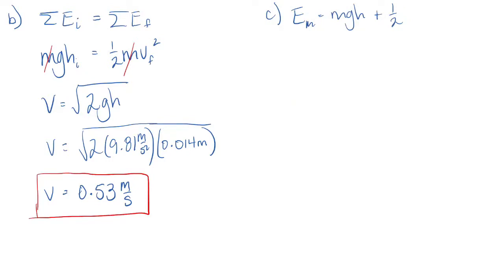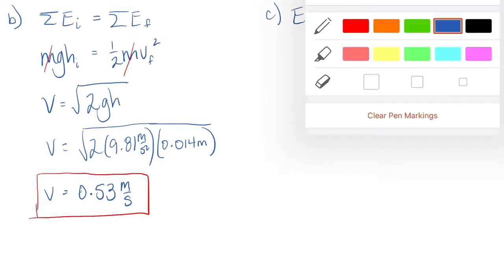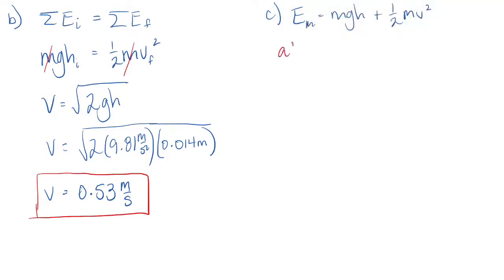Oh, I just put kx squared. Of course, that's for a spring, which is definitely not what we have here. Okay, and this is at any point in its motion.